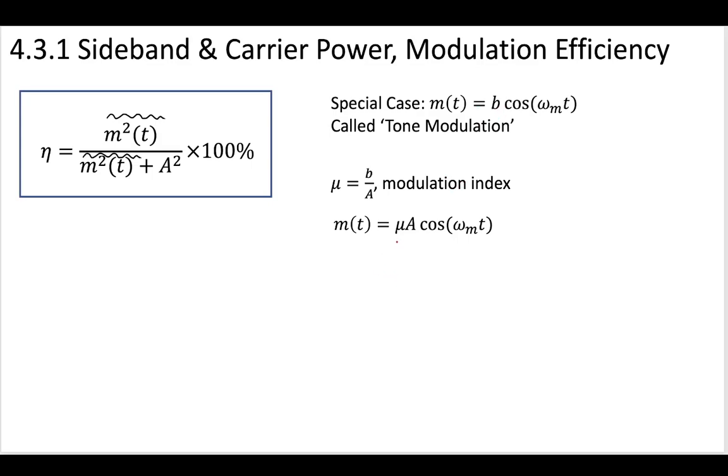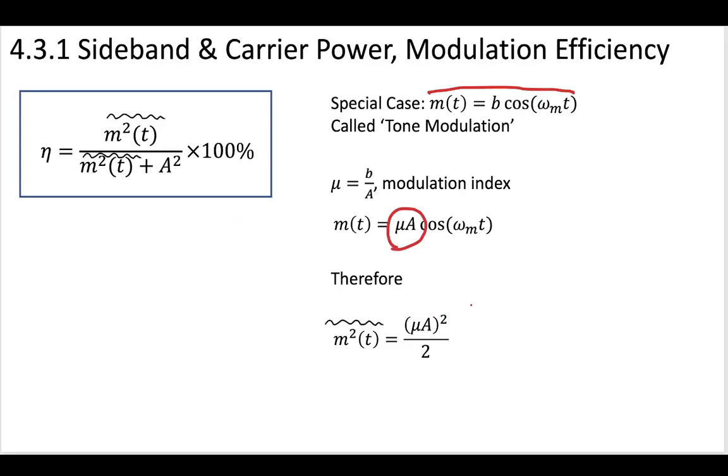And we can then rewrite our message using this ratio between mu, the modulation index, B, the amplitude, and A, the amplitude of the carrier. By doing this, we can therefore write that for our special case where our message is one tone, we have a time averaged mean, which is this squared divided by 2.